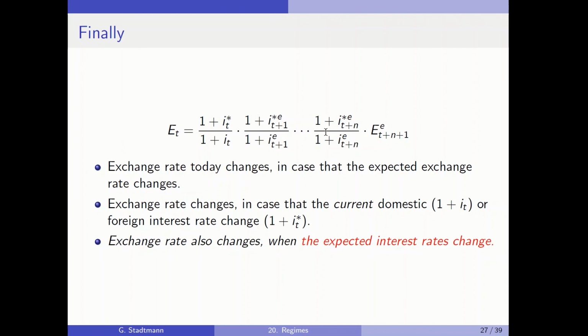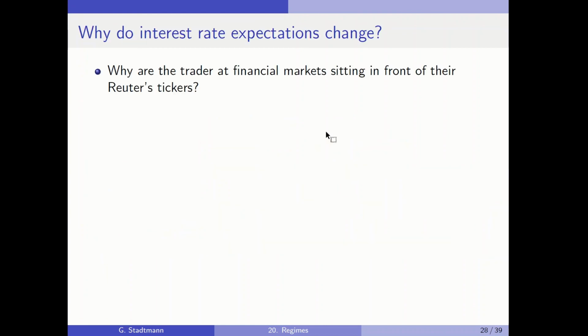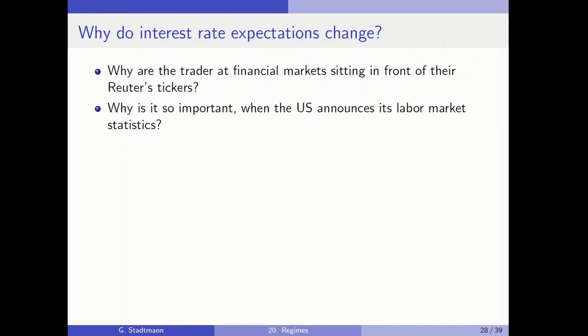So we can once more ask the question, why do interest rate expectations change? Why is it the case that traders at the financial markets are sitting in front of their Reuters tickers? Why is it so important when the US announces its labor market statistics?